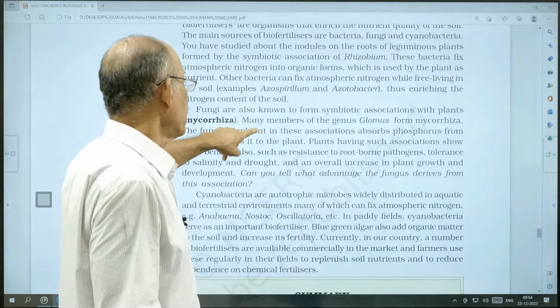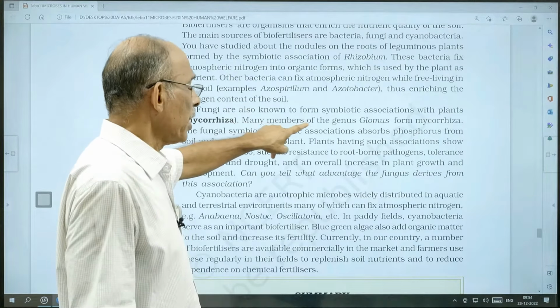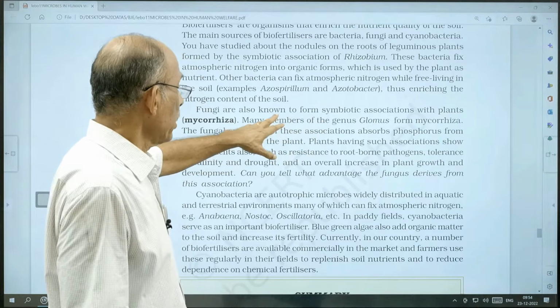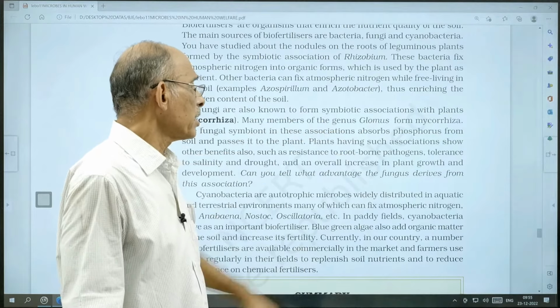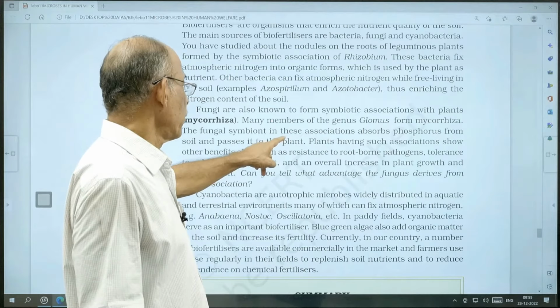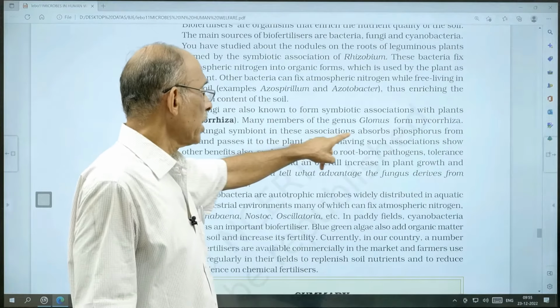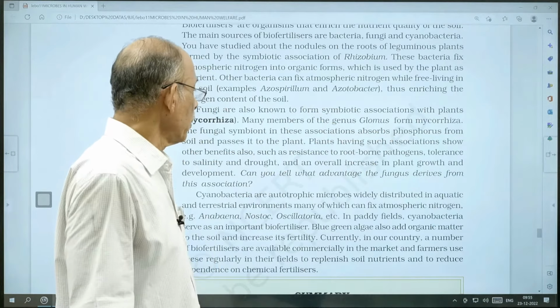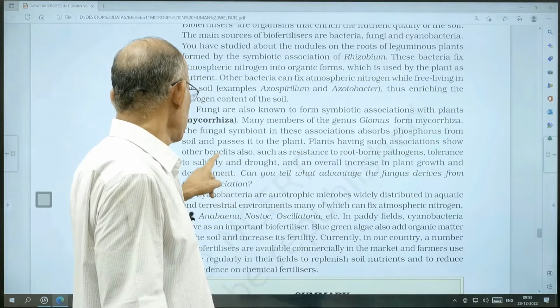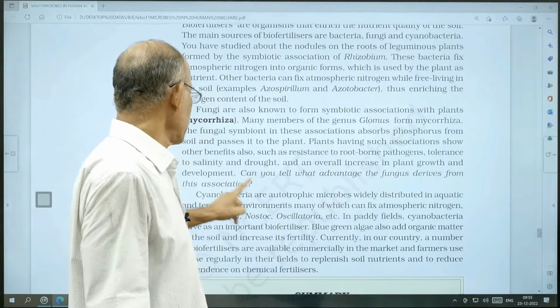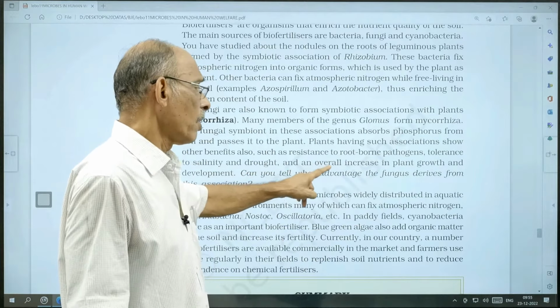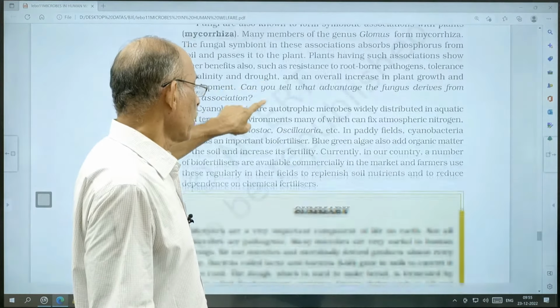Another is mycorrhiza, a symbiotic association of a fungus with the roots of higher plants, and a common fungus is Glomus. The fungus can absorb phosphorus and give it to the plant. It also shows other benefits like resistance to root-borne pathogens, tolerance to salinity and drought, and helps in the overall growth of the plant.